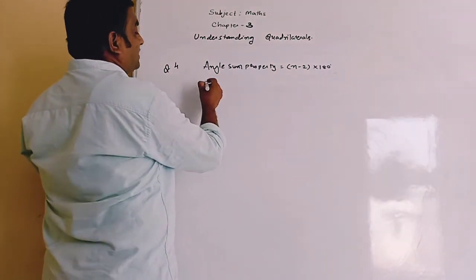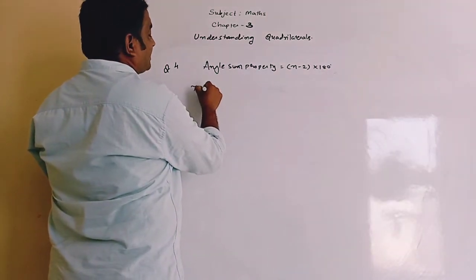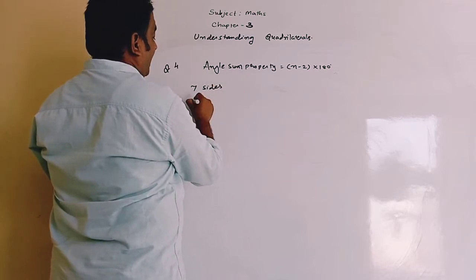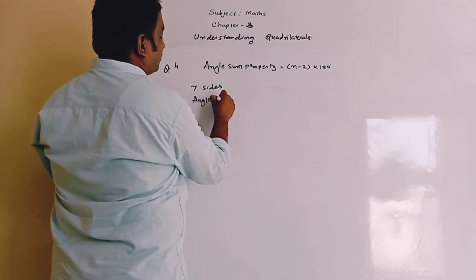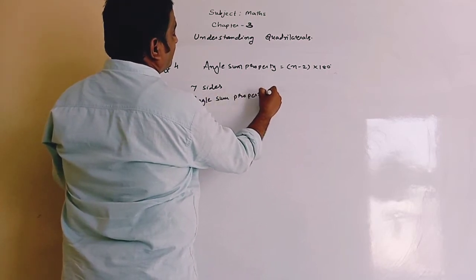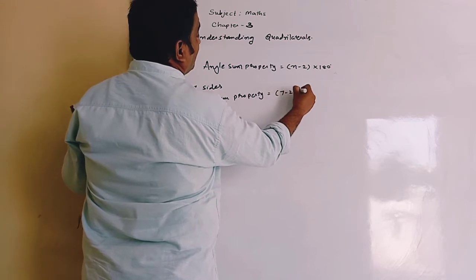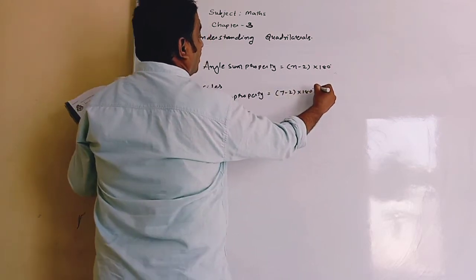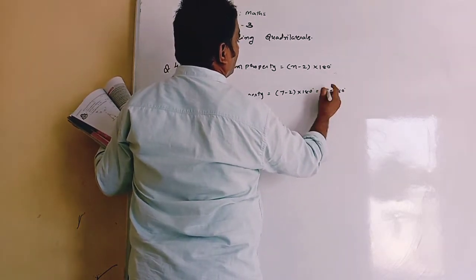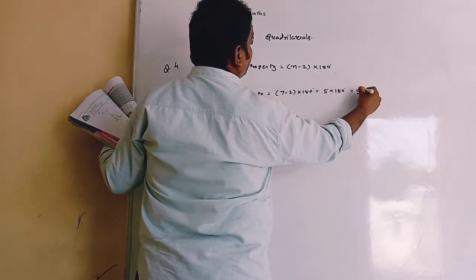So n equals 7 and so the angle sum equals 7 minus 2 into 180. So it will be 5 into 180, and 5 into 180 is equal to 900.